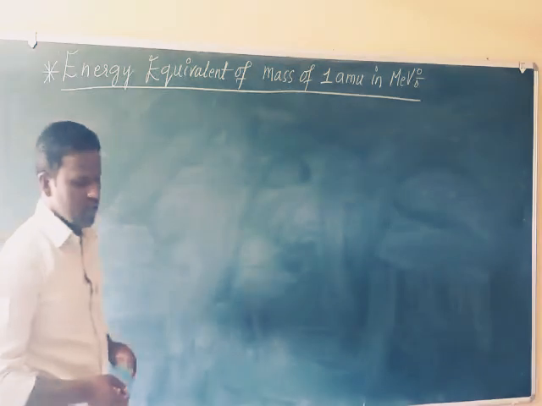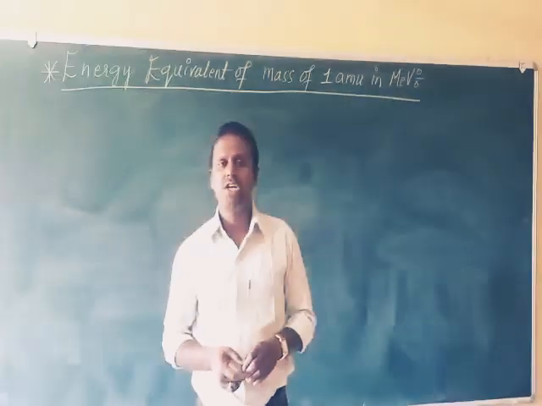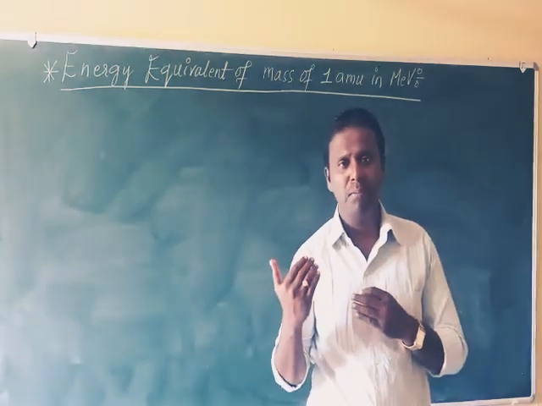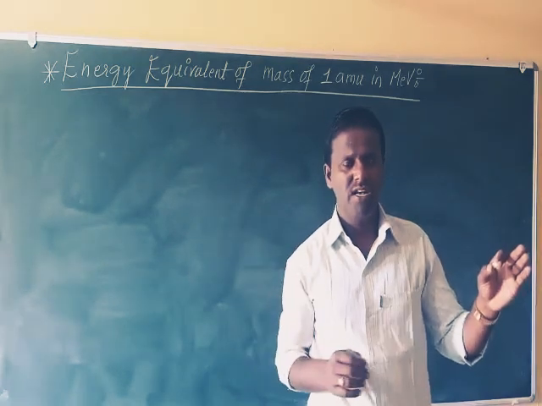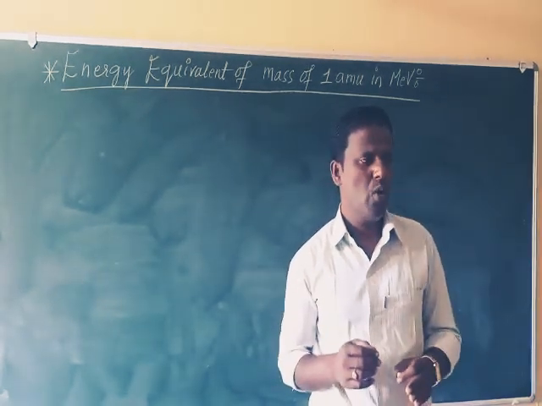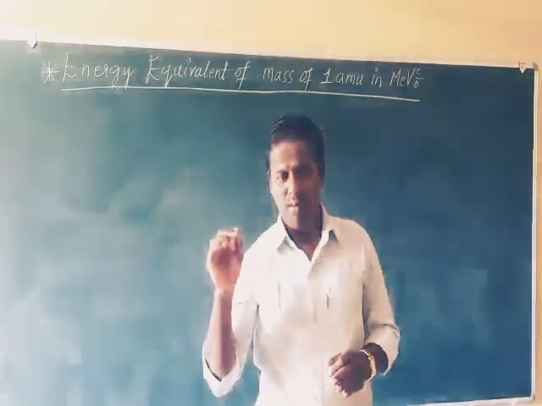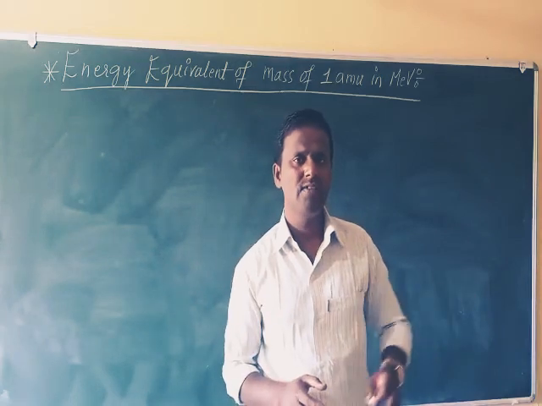So for this you should consider Einstein's mass energy relation. Einstein proved that mass and energy... Mass is the total quantity of matter present in a body. Total amount of matter present in a body, that is the mass.